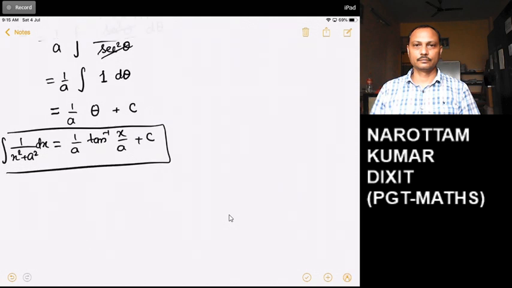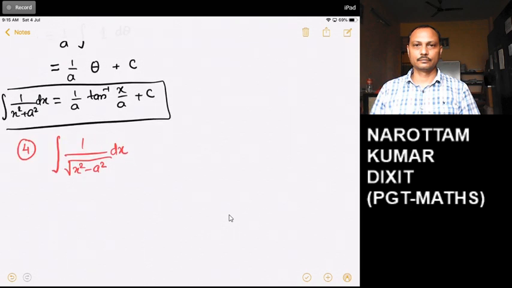Now take the fourth one. It was the integration of 1 upon under root x square minus a square with respect to x. Now, which trigonometric ratio will we use in place of x so that the quantity in the square root turns into a single term?